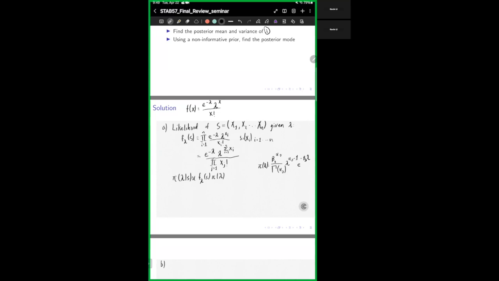So this is what we have as the prior distribution, which is just a gamma distribution with alpha naught and beta naught as its parameters.